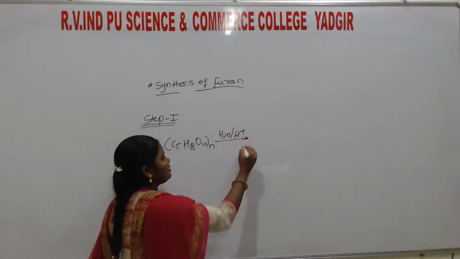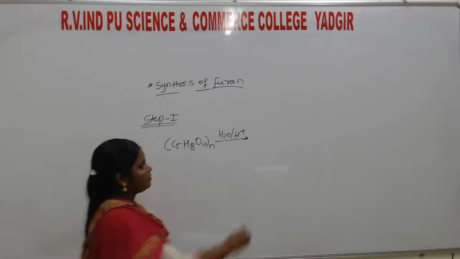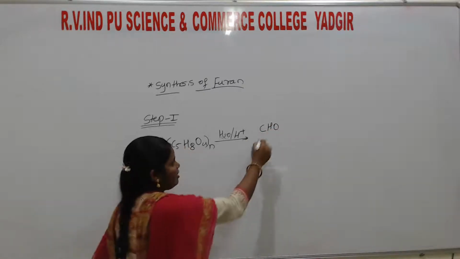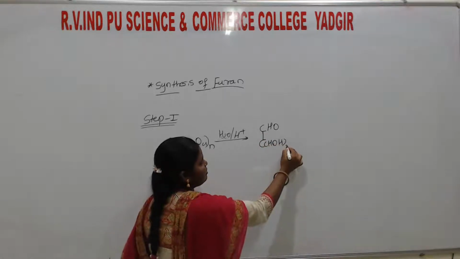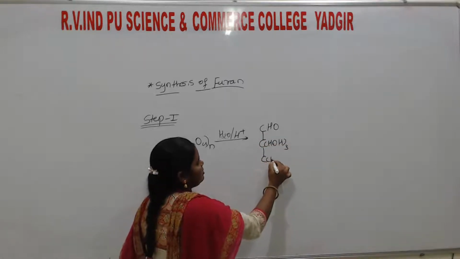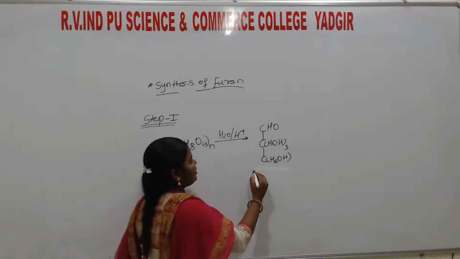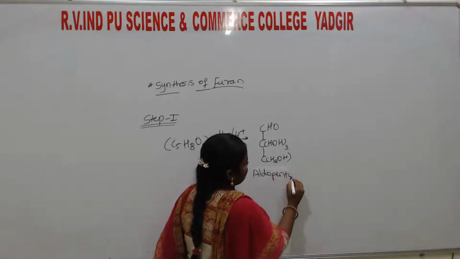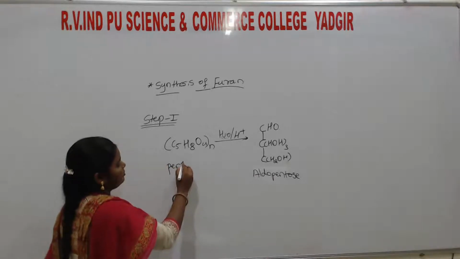Formation of aldopentose, that is the CHO group, then CHOH thrice, and CH2OH. This is the aldopentose. This is the pentose.